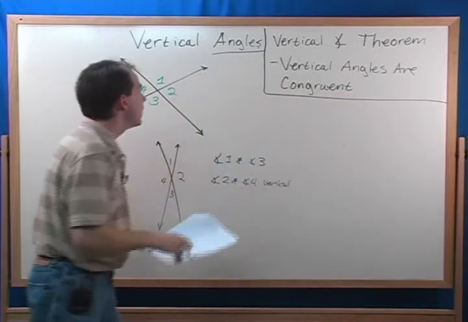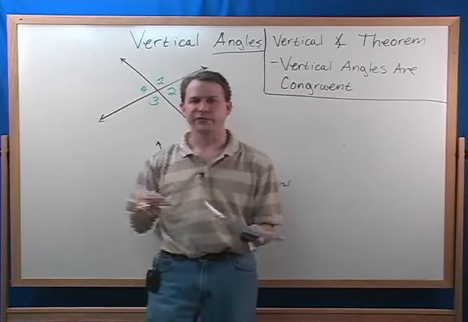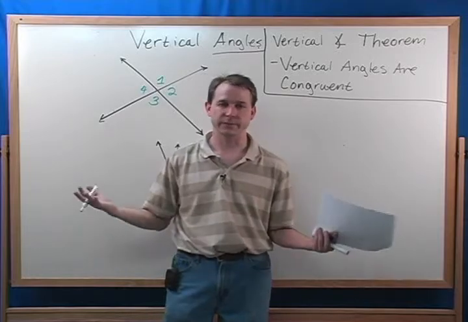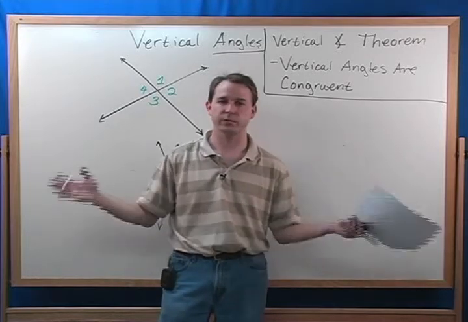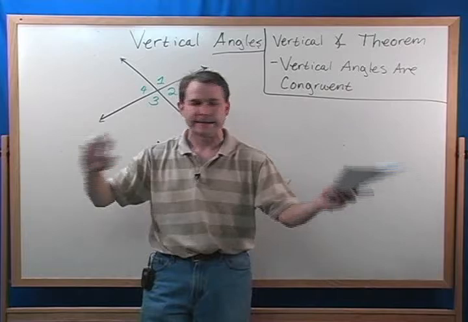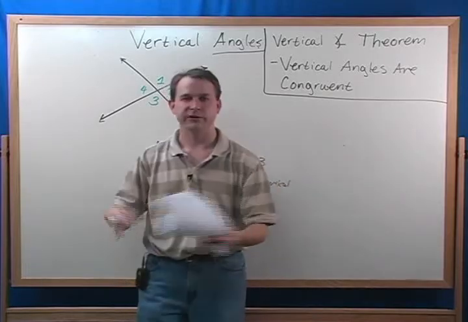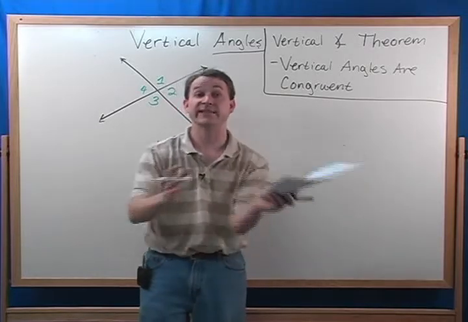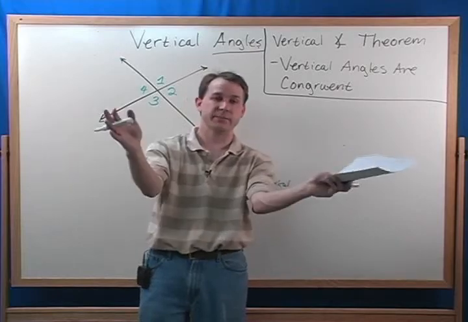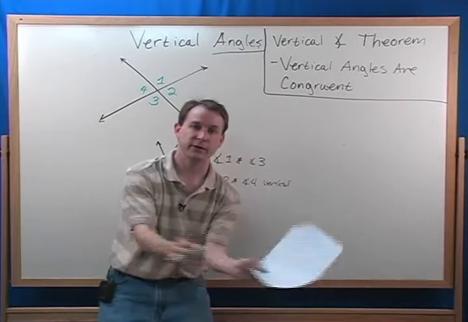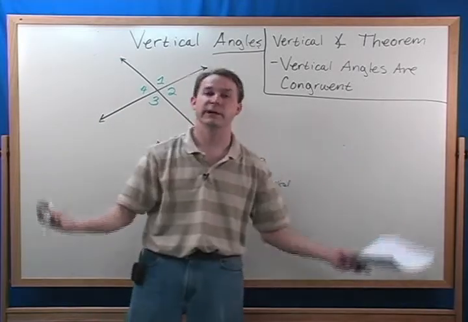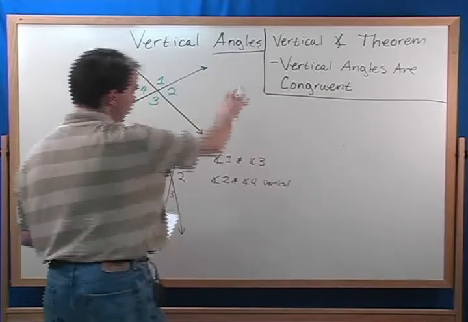The word congruent is used all the time in geometry. It just means equals. Congruent means equals. This is congruent to that. This angle is congruent to that angle. It just means they're equal. They have the same measure. So an angle this big right here and down here an angle this big, they're the same measure. They are congruent. Vertical angles are congruent.